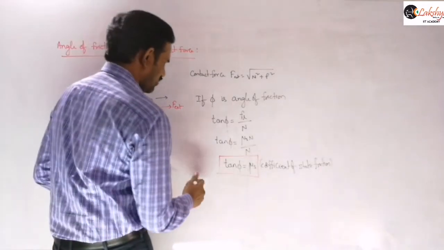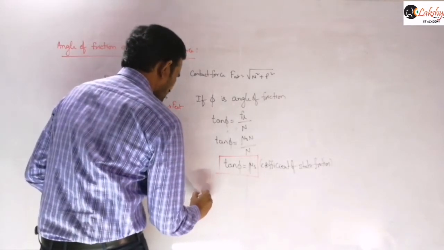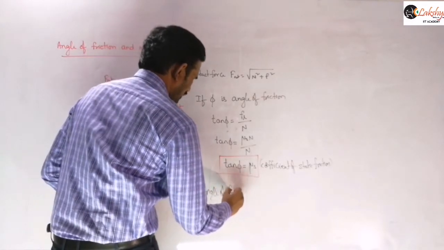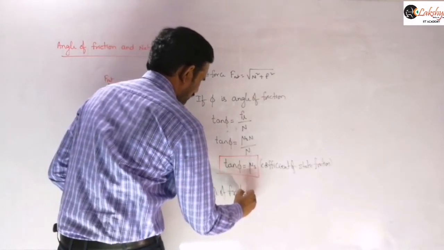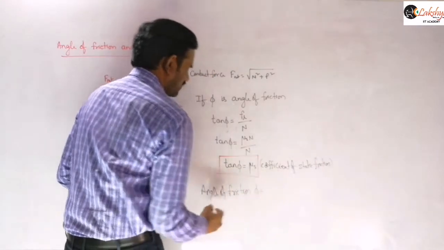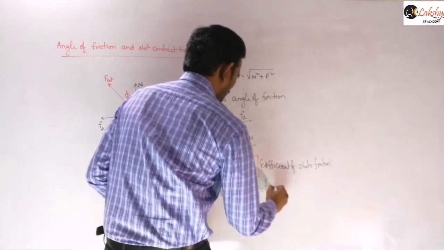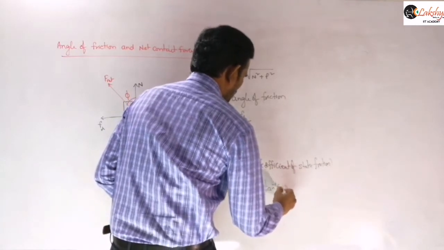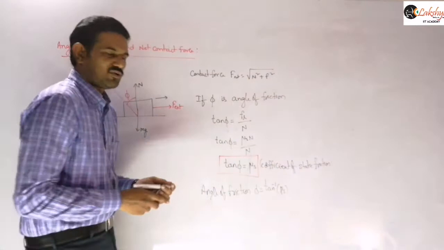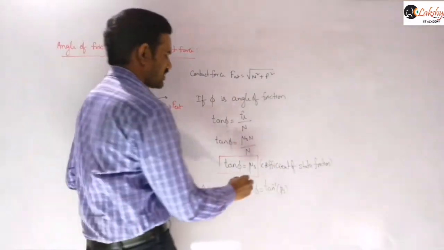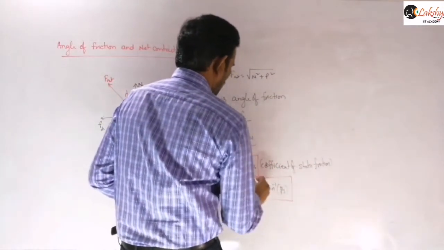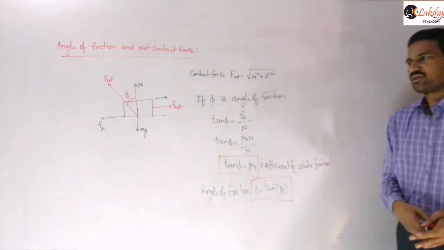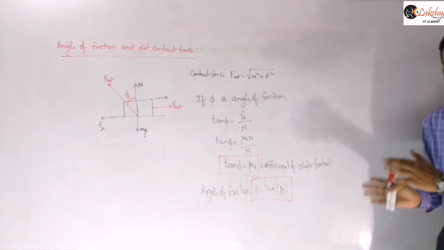If phi is the angle of friction, then phi is equal to tan inverse of mu s. As I said in the last class, if mu s and mu k values are given separately, then we need to consider the mu s value here, or otherwise if only the mu value is given, you can consider just that mu value here, right? And so that is about the angle of friction.